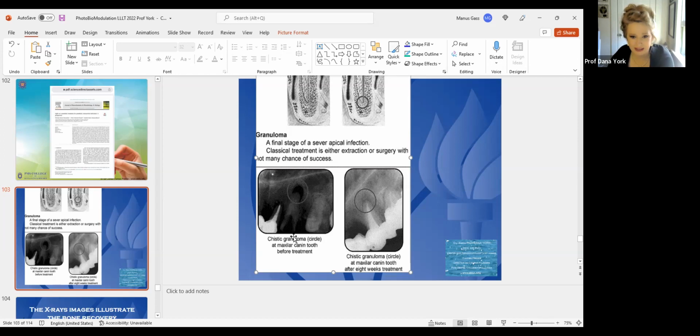So we place the laser and then we close it. We close the tooth with calcium, at that time, and then we put a post and core, and we irradiate first inside the tooth, right? With the device that goes inside the tooth.